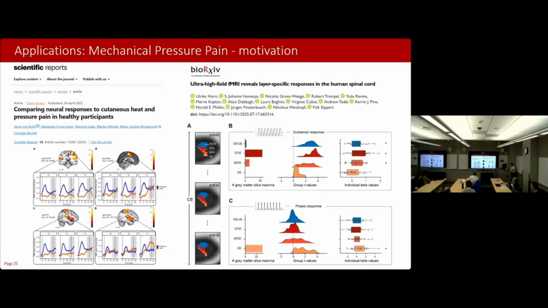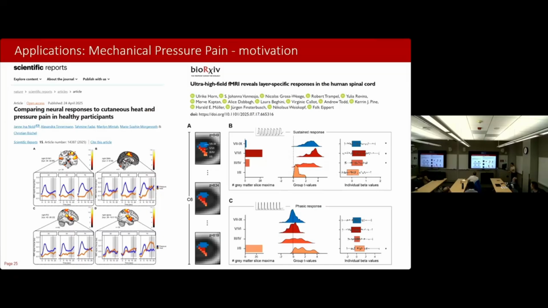And the second paper that motivated us is this preprint from the Max Planck group. They looked at thermal pain in the spinal cord at 70.